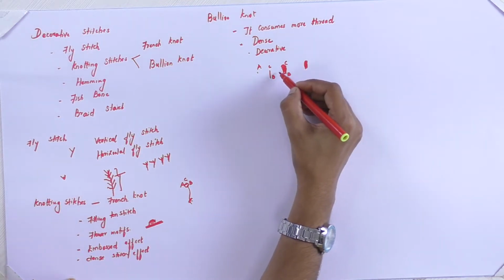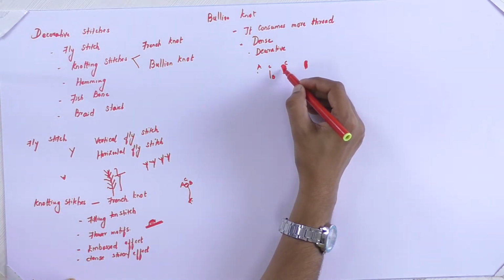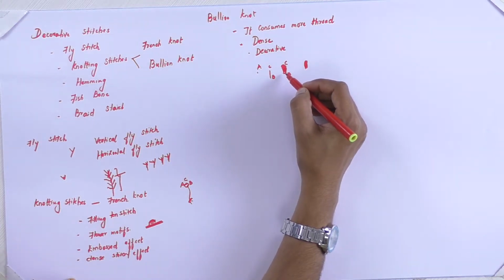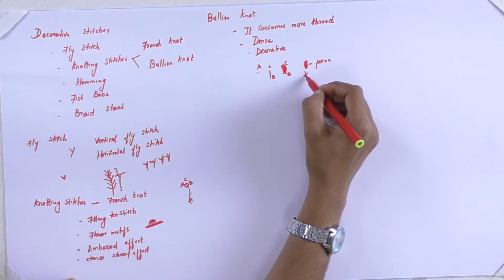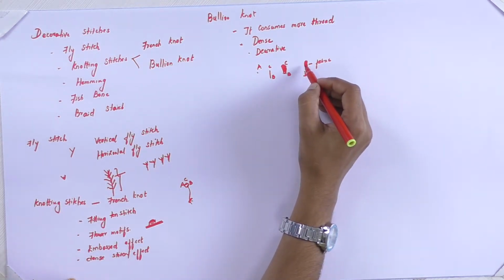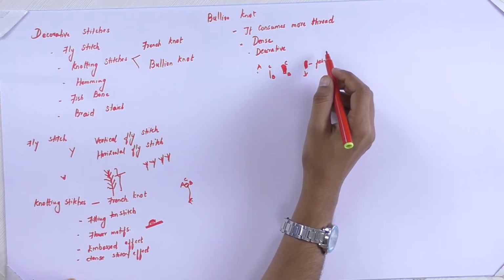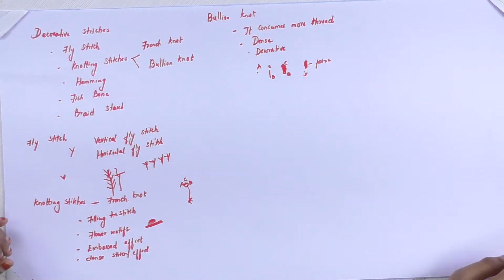Once it is done with the needle, you are supposed to bring all the wrapped threads one by one from the needle to place it on the fabric. The final stitch of your Boolean knot will look like this on your fabric. Let me demonstrate with needle and thread.